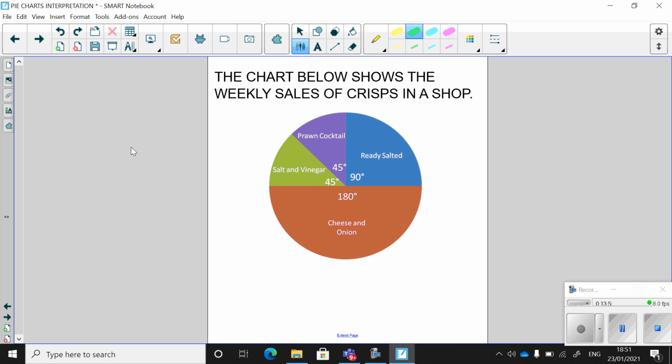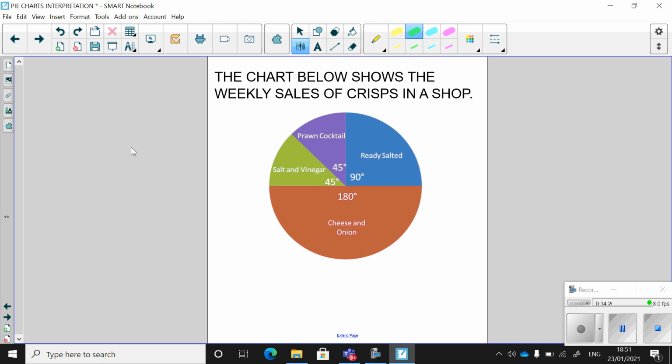Well, if you don't know what crisps are, then you need to put that in a search engine. But they're showing you there's 1, 2, 3, 4 slices of a pie chart representing crisp sales in a shop. Okay. Right, I've only put down 4. I know there's many more flavours, like pickled onion, that are missing, things like that.